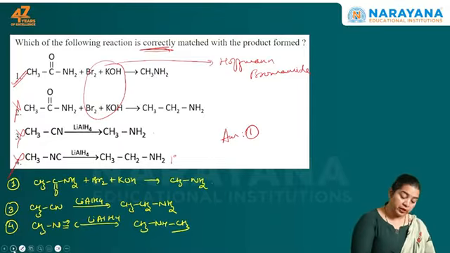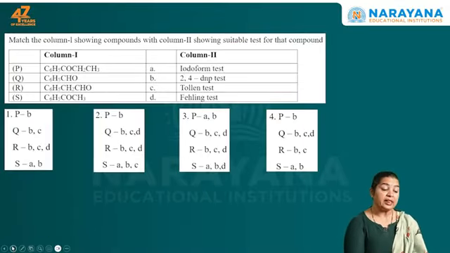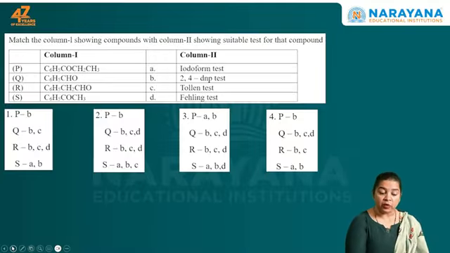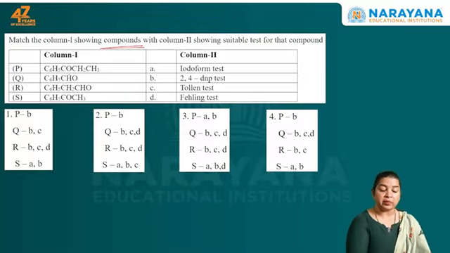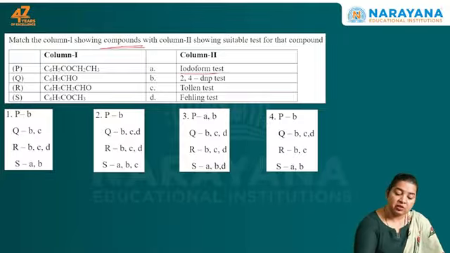Agreed? Moving to next question, that is match the column 1 showing compounds. In column 1 some compounds are being shown with column 2 showing suitable test for that compound. Okay, let us do. The first test is the iodoform test.